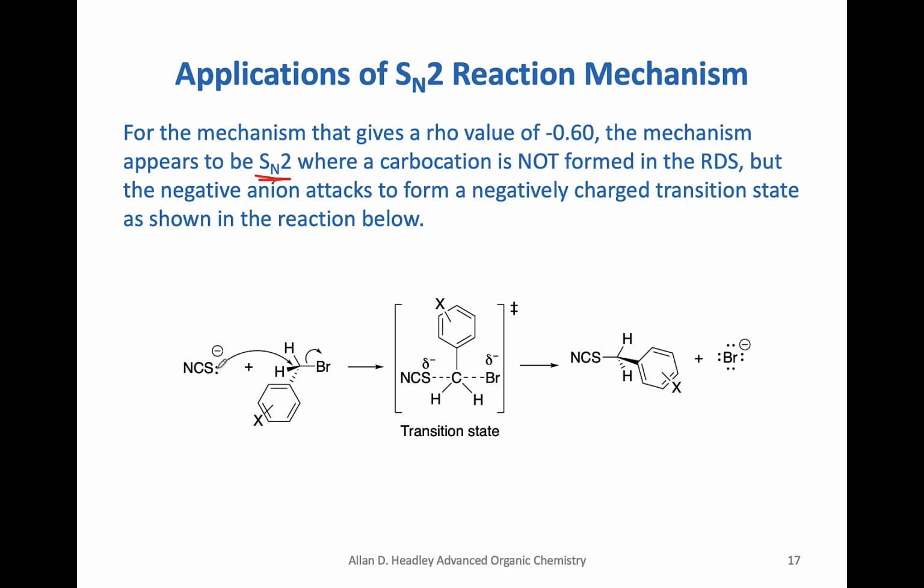So this nucleophile is coming into this carbon while this is leaving. As you can see here, this is a negative and a negative, making this carbon here partially negative. So that makes sense, because if you had on this molecule a substituent such as a NO2, let's see if we can draw that in.